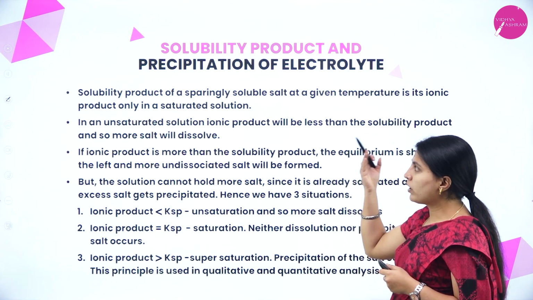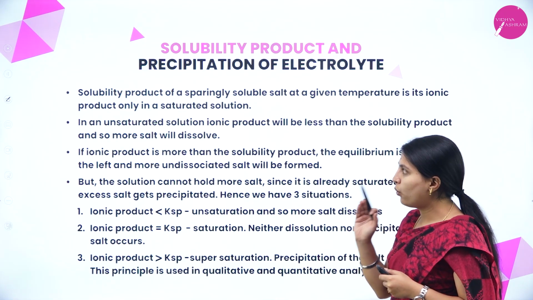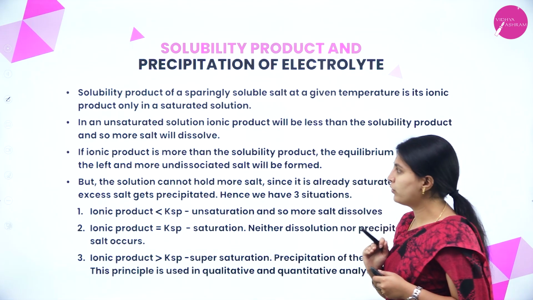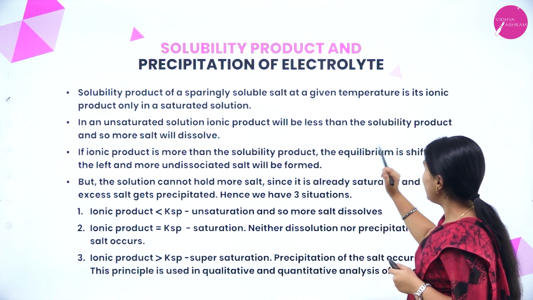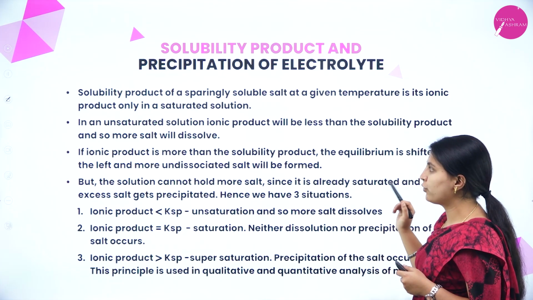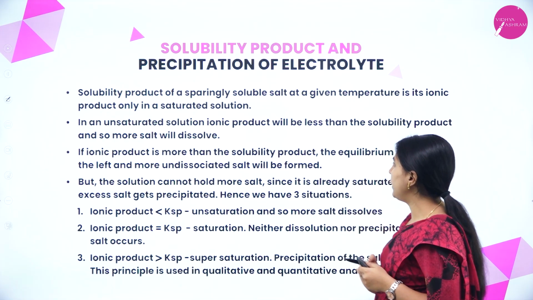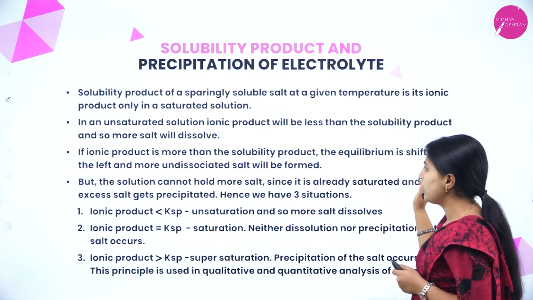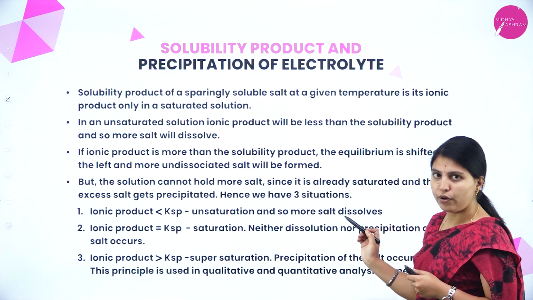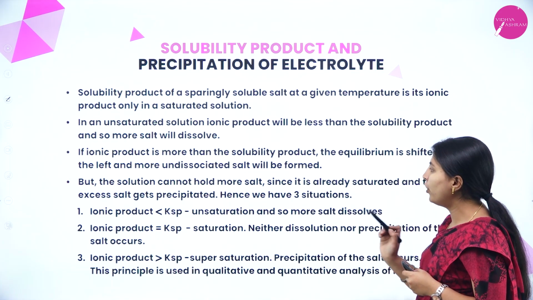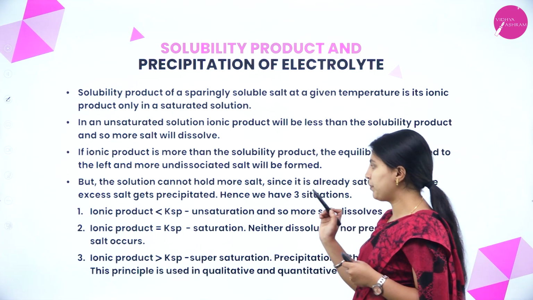In an unsaturated solution, ionic product will be less than solubility product, and so more salt will dissolve. If ionic product is more than solubility product, the equilibrium is shifted to the left and more undissociated salt will be formed. But the solution cannot hold more salt since it is already saturated, and the excess salt gets precipitated.